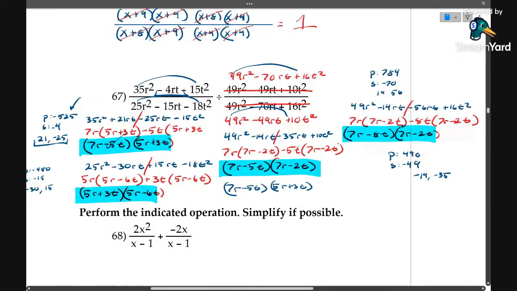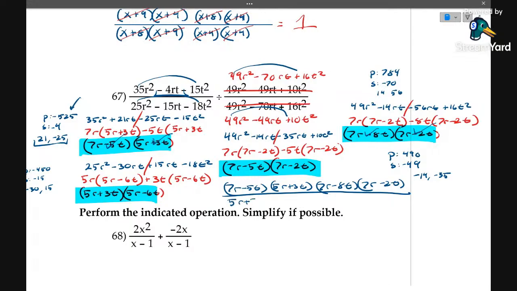That's from here and here. The rest of that numerator, 7R minus 8T and 7R minus 2T. That's our entire numerator. Denominator is the rest of those factors, 5R plus 3T, 5R minus 6T, 7R minus 5T, 7R minus 2T.